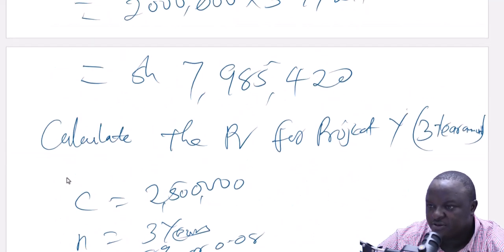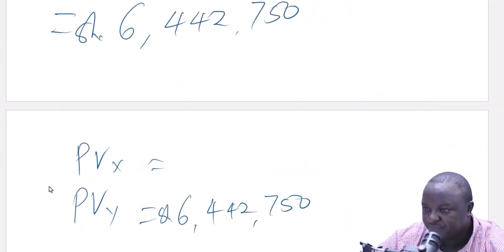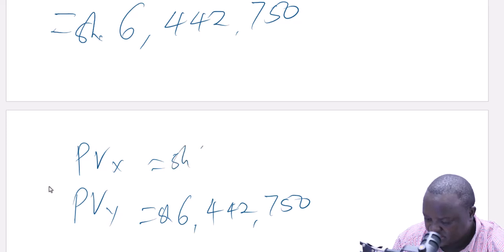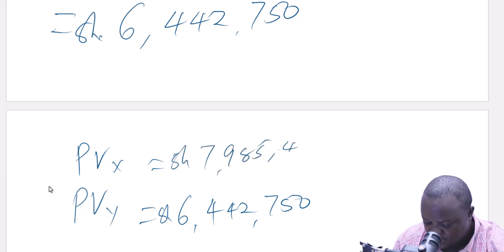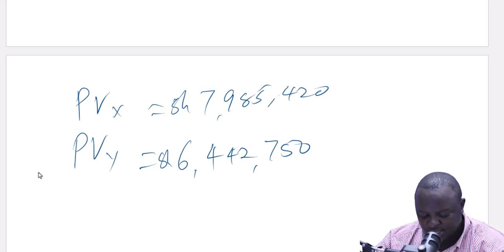The present value for project X is 7,985,420. So the conclusion is that project X has a higher present value of cash flows despite its lower annual payments.